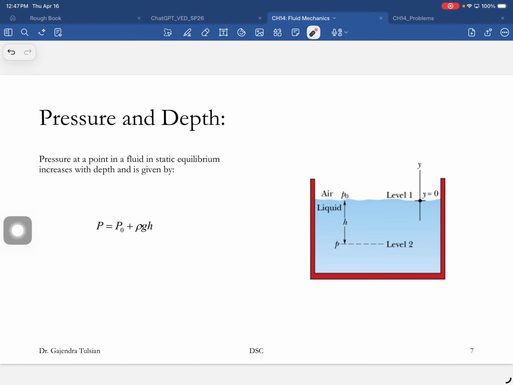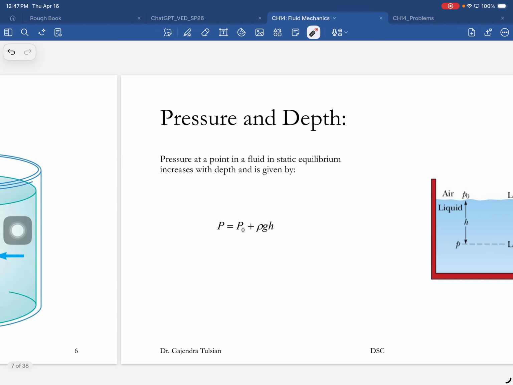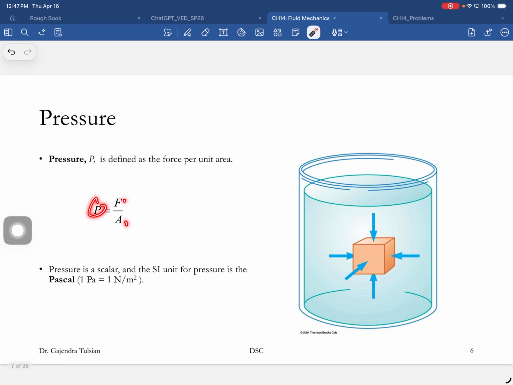All right, so for instance, if you go in a liquid, the pressure in a liquid increases with depth. Pressure is force divided by area, so the force exerted is pressure times area.